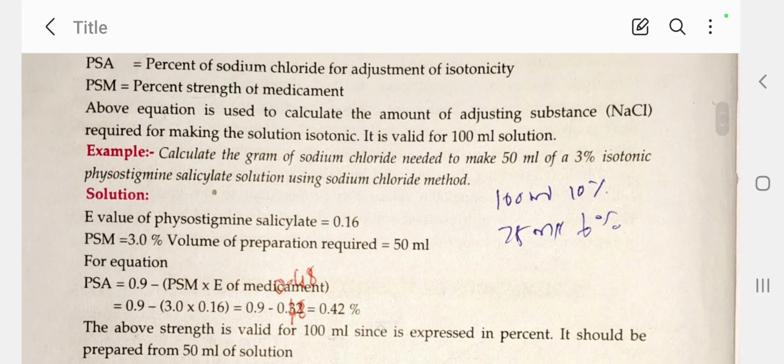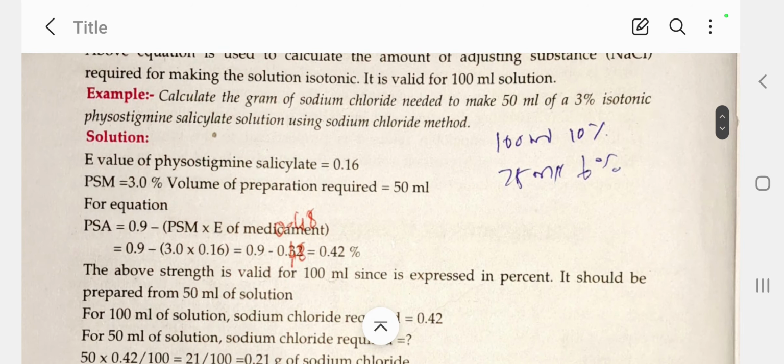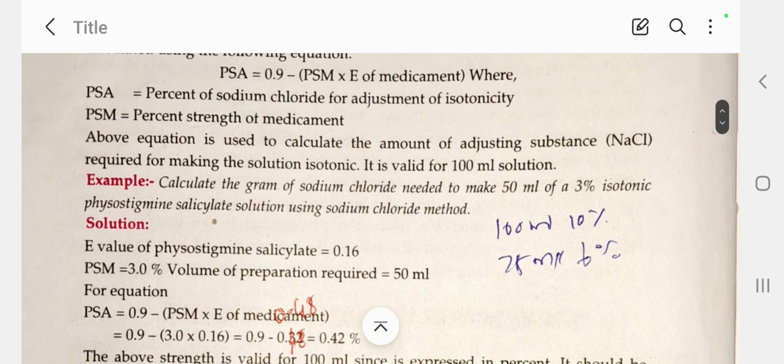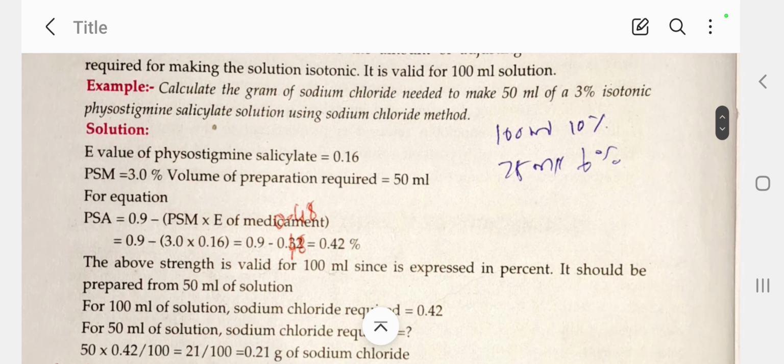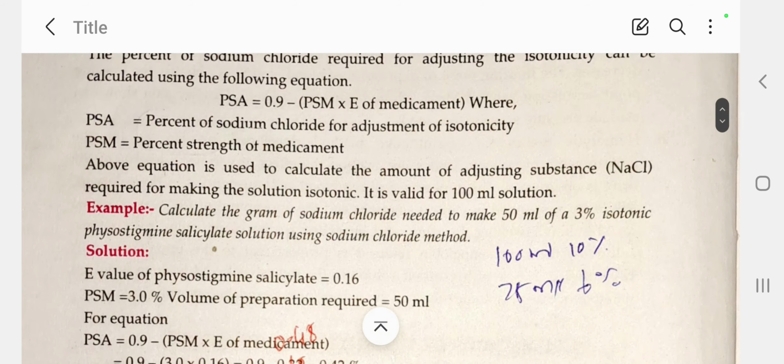PSA is the percent of sodium chloride for adjustment of isotonicity. Here 0.9 is the constant value, and PSM is the percent strength of medicament. What is the percent strength of medicament? They already gave 3%. And in that equation it is multiplied by E of medicament.